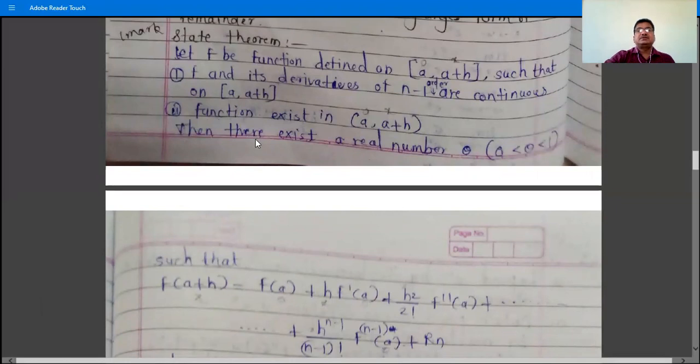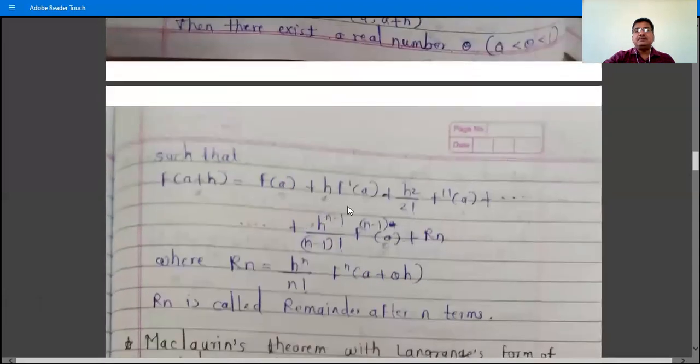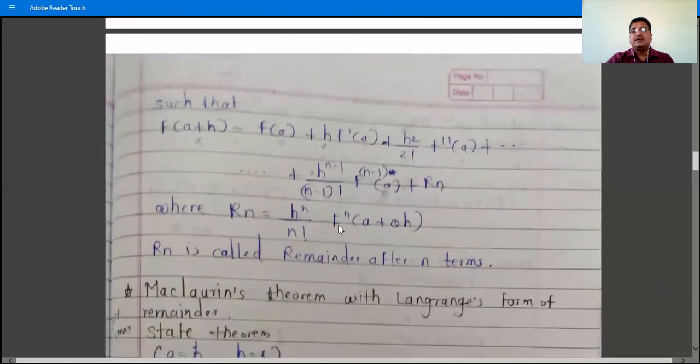Then there exists a real number theta, greater than 0 and less than 1, such that f of a plus h is equal to f of a, plus h f dash a, plus h square by 2 factorial f double dash a, and so on, plus h raised to n minus 1 divided by (n minus 1) factorial f raised to n minus 1 of a, plus Rn, where Rn is what?